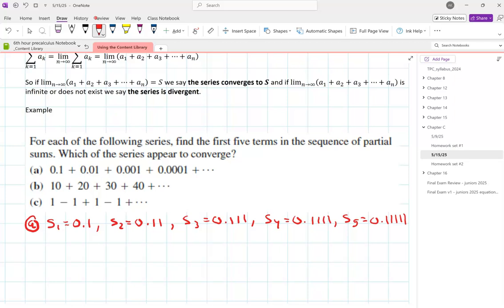At this point, it should be pretty clear: if I add up infinitely many terms, what am I going to get? Just looks like 0.1 repeating, right? I think that's the same thing as 1/9. Since that's a finite value, we say that series is convergent, or it converges.